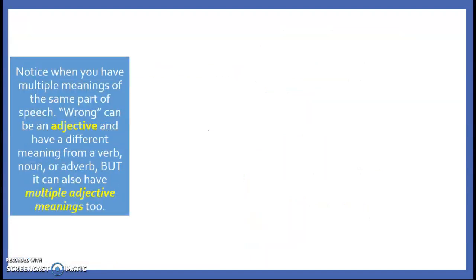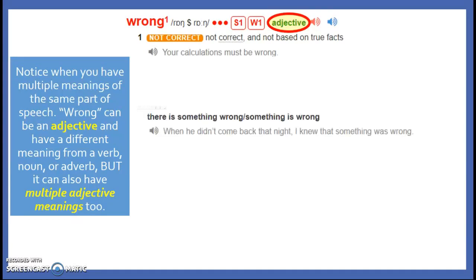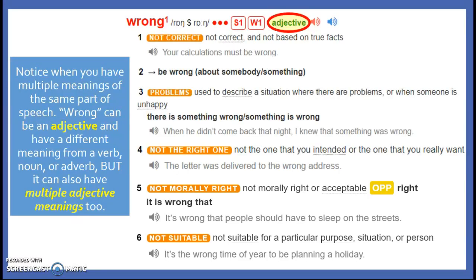Now, notice when you have multiple meanings of the same part of speech. Wrong can be an adjective and also have a different meaning from a verb, noun, or adverb, but it can also have multiple adjective meanings too. So for example, wrong, while it is an adjective, can have up to 6 or more different meanings as an adjective.